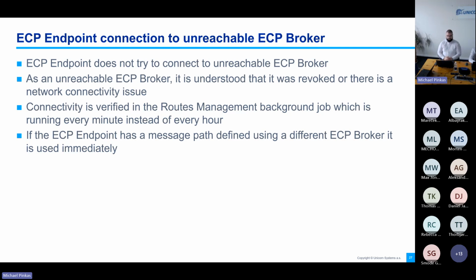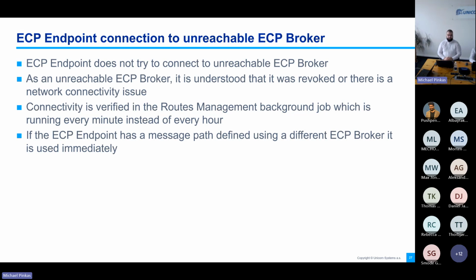The endpoints will no longer actively try to connect to this broker. In the road management background job, it is checked whether the broker is accessible. If it is, then everything works fine. If it is not, the connection will be attempted every minute because the road management background job runs every minute.